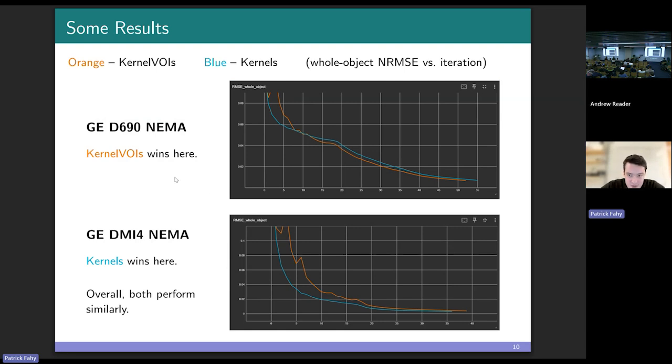These are two data points which were not trained on. We see basically they perform quite similarly. There's one case where adding in the volumes of interest makes a very slight improvement, and in the other case, the standard whole object loss is better. But pretty similar.